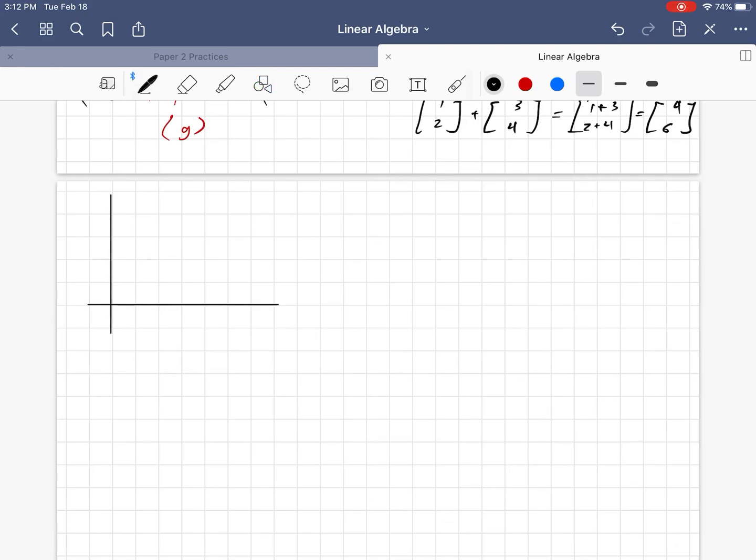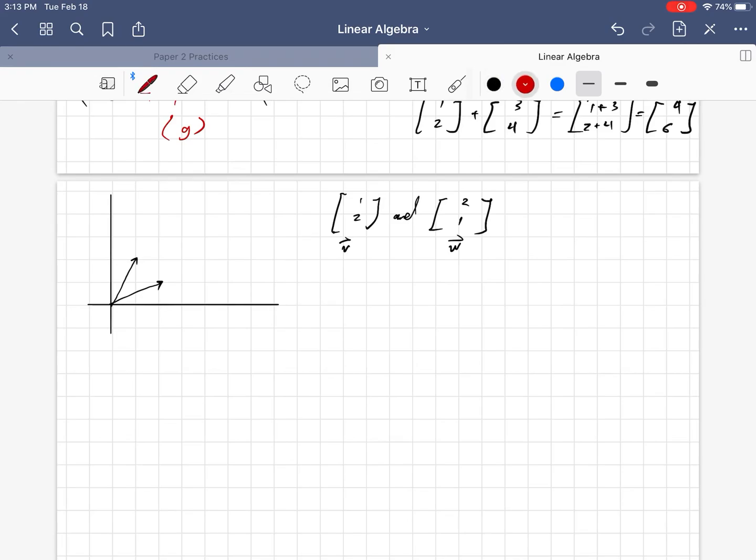Let's say we have the vector 1, 2 and the vector 2, 1. Let's call this vector v, and let's call this vector w. Then vector v would look like that, and vector w would look like that.